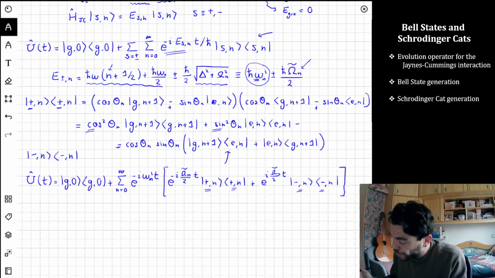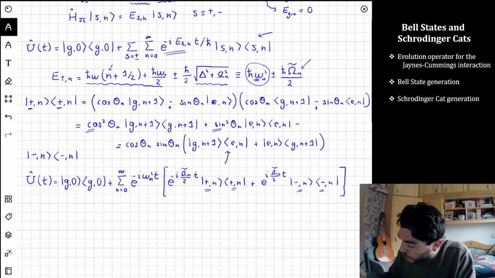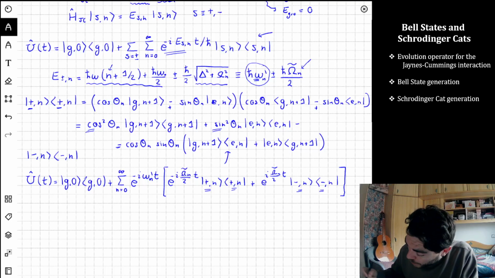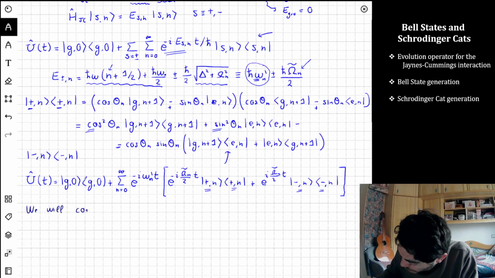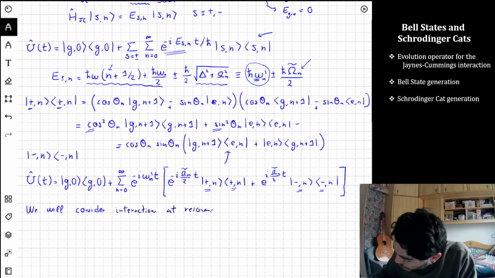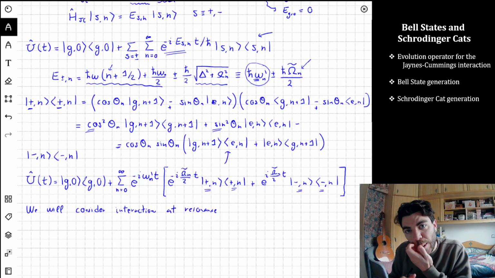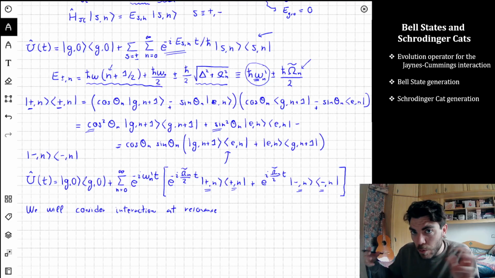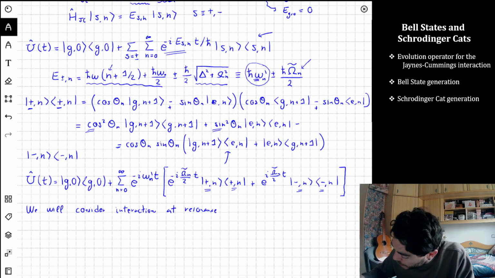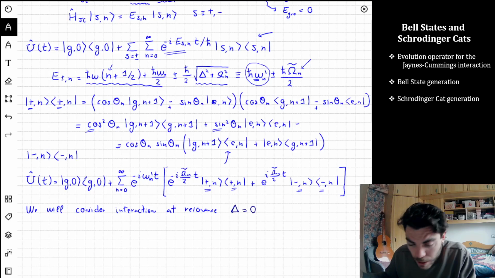But now we are going to simplify a little bit what we are doing, and in particular we will consider light matter interactions at resonance. At resonance means that the atom or the qubit and the light that we are going to use have the same frequency, so the detuning is 0.